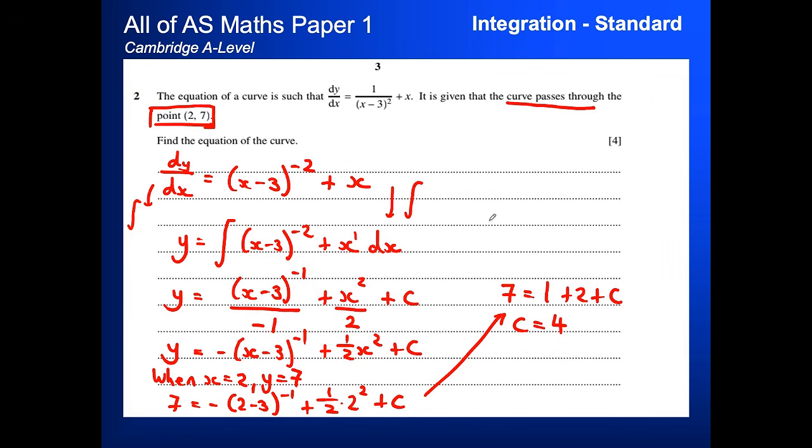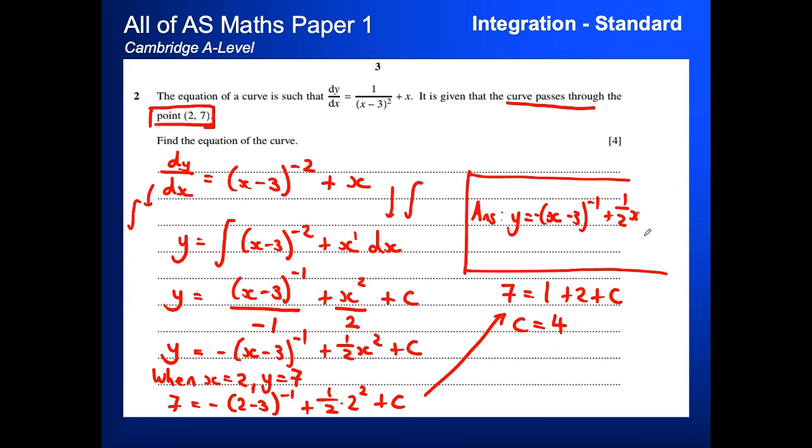So our final answer, I'll put this in a quick box here, y is equal to, and we're just going to copy out the function, add in our c, so minus (x minus 3) to the power of minus 1 plus a half x squared, and now don't forget this plus 4. That's why we used this point to work out exactly where the equation is. We found out the family of curves, and then we're looking for one particular solution.